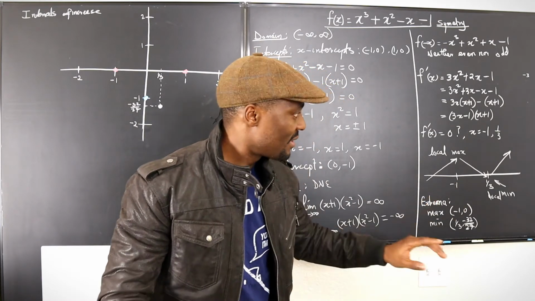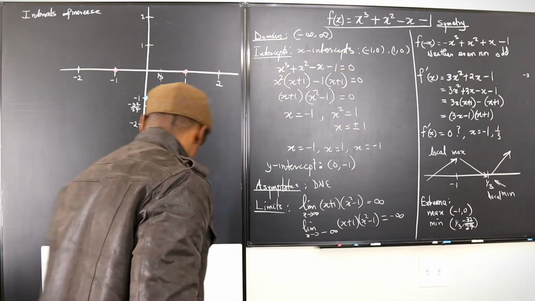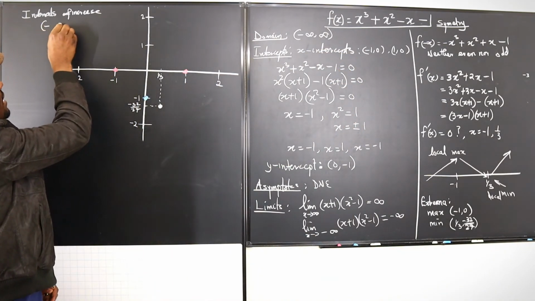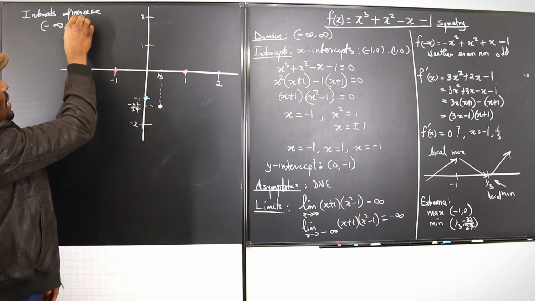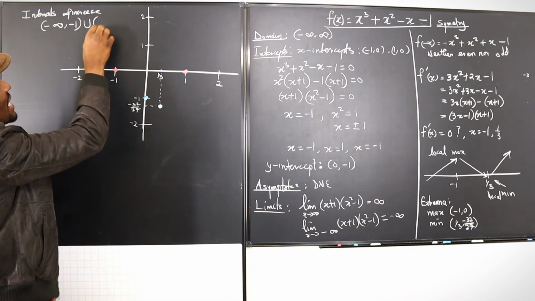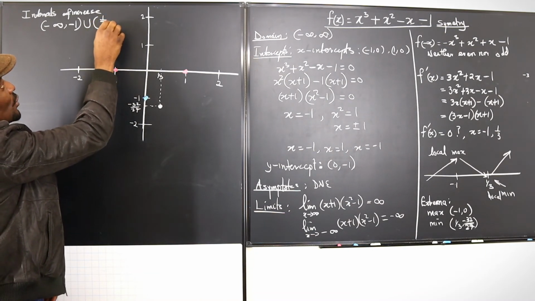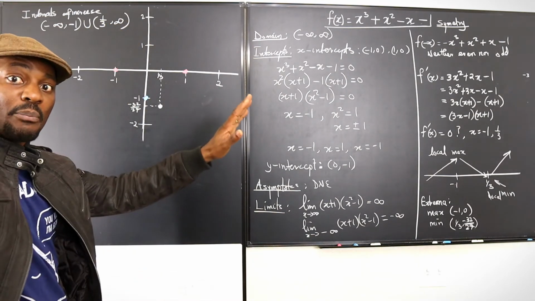Then you pause. Then you start again from 1/3 until you get to infinity. So your answer in this case is going to be negative infinity to -1. And then it starts again from 1/3 to infinity. Those are the regions where the curve is going to be going up.